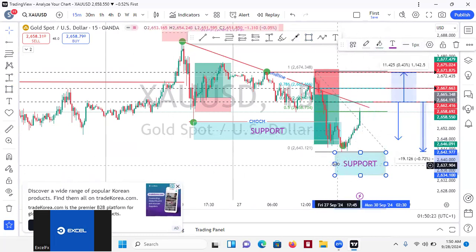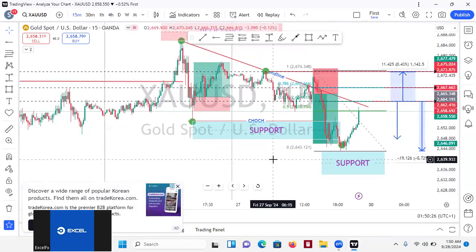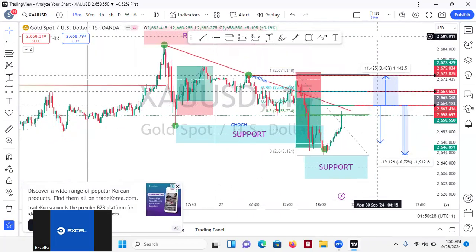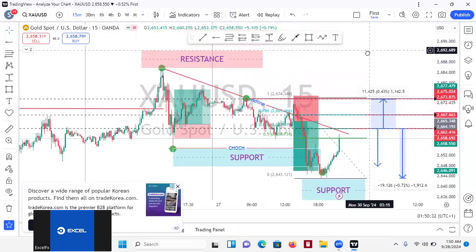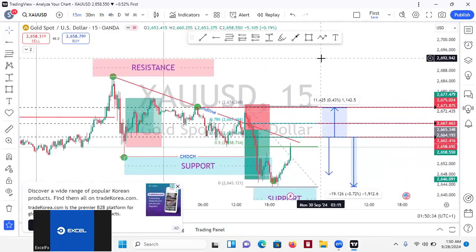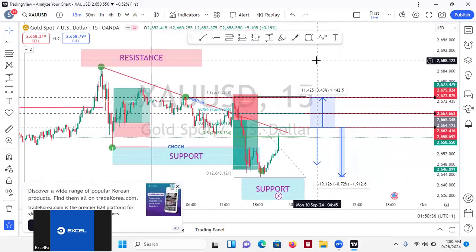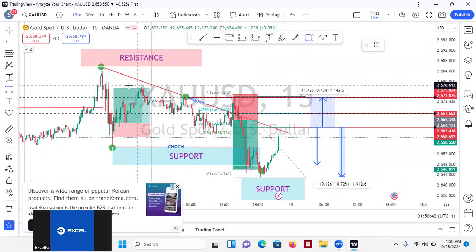All right. So you have known that there is not much difference between support and resistance and the supply zone and the demand zone. The concept still remains the same. We can also use this rectangular tool to draw your supply zones and your demand zones.